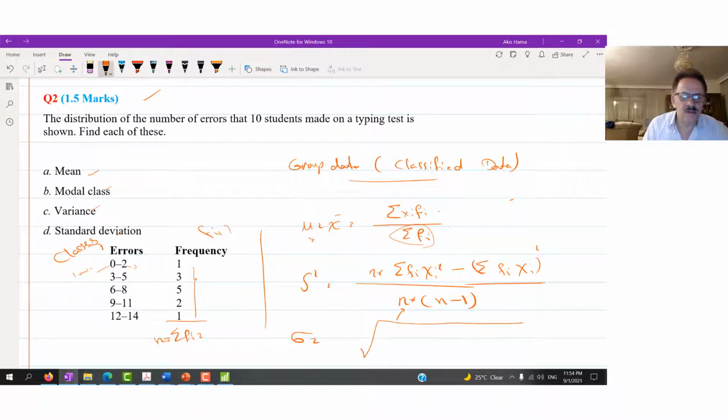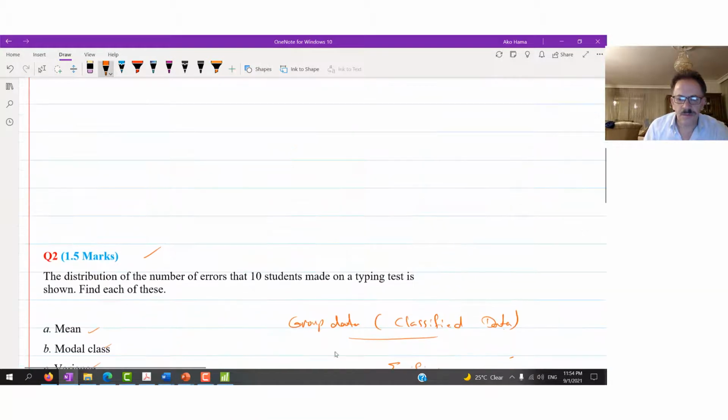This is the variance, and the standard deviation is equal to the square root of this variance, otherwise it's equal to the square root of n times the summation of fi xi squared minus the summation of fi xi all squared, divided by n times (n minus 1).